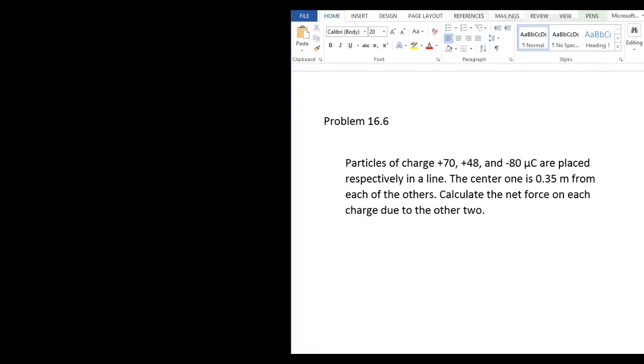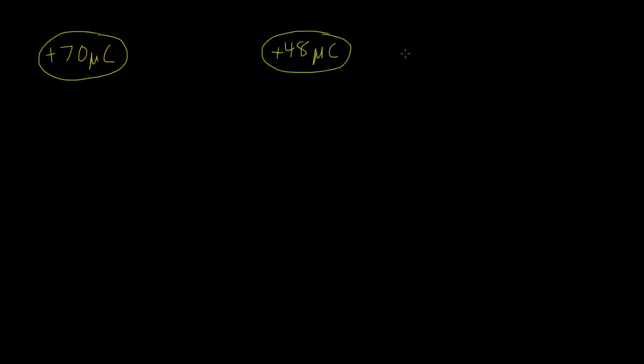Okay, so I'm going to start out by drawing a picture here, and we know that we have a positive 70 microcoulomb charge. We have a positive 48 microcoulomb charge, and then we have a negative 80 microcoulomb charge.